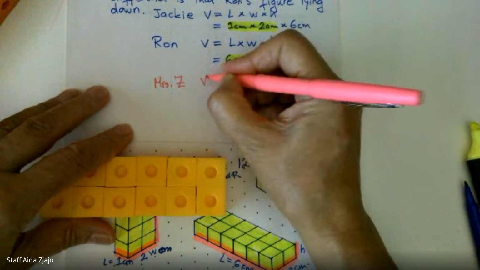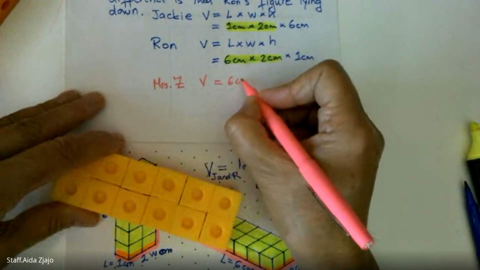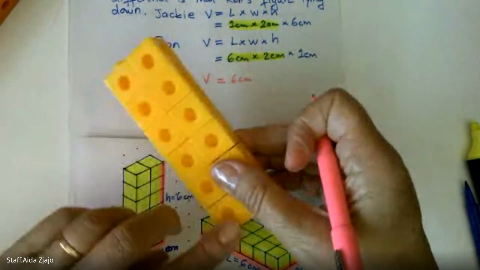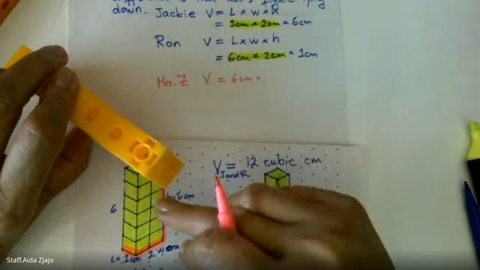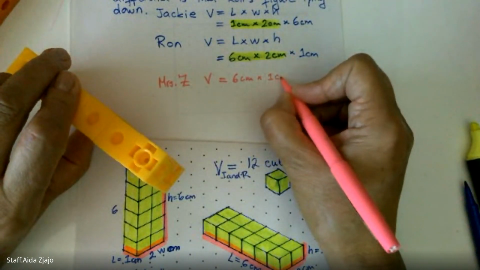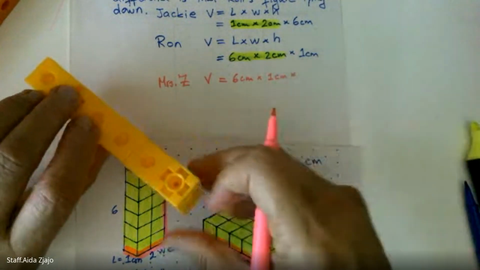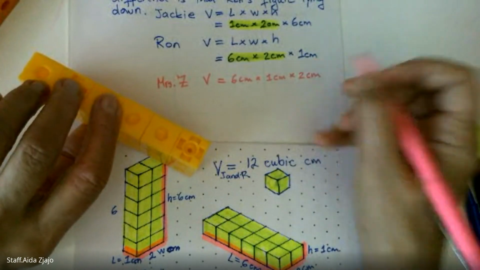So my volume is 6 centimeters length, 1 centimeter width, and 2 centimeters height.